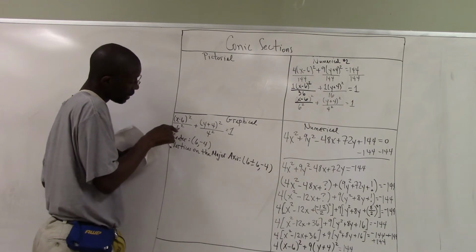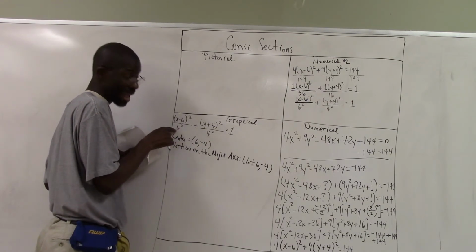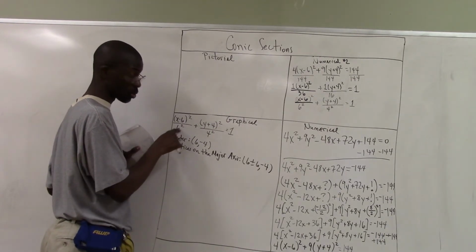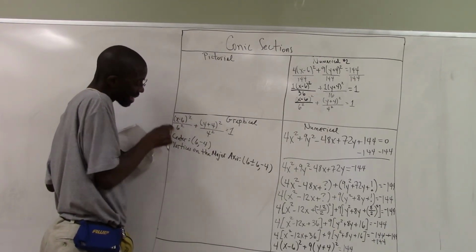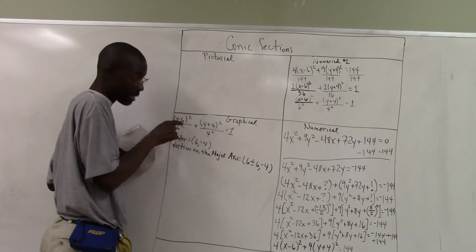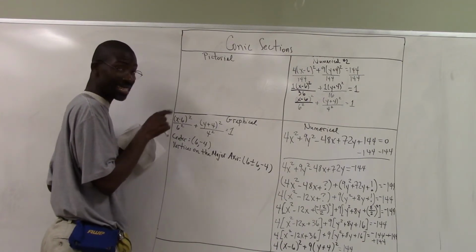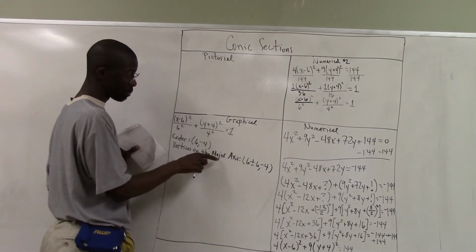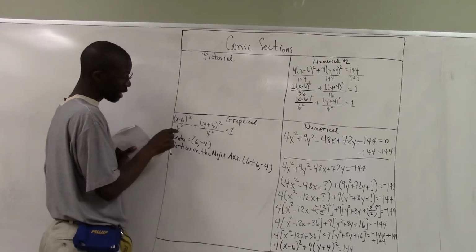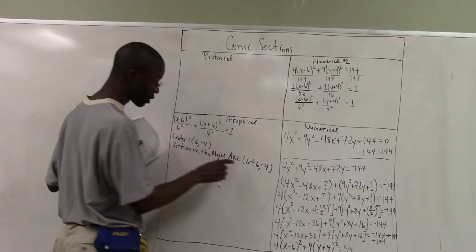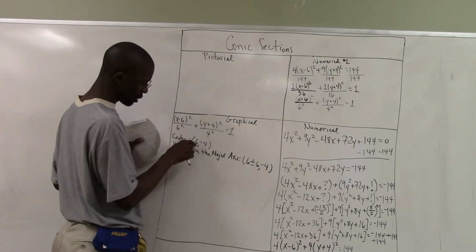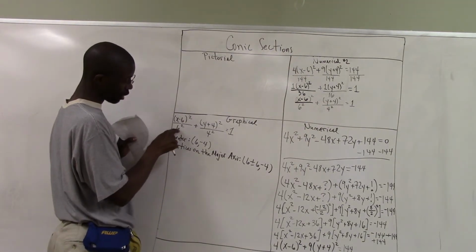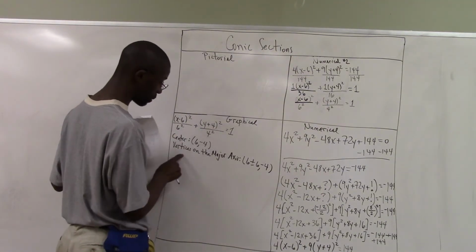In this case, because this denominator has a larger value, 6 is greater than 4, or you can say 36 is greater than 16, this identifies the major axis. The variable attached to it is x, which represents the horizontal axis. So the horizontal axis becomes our major axis and is represented by the value 6. So the center is 6, and now we need to add and subtract another 6 so that we can get the right location for the vertices.